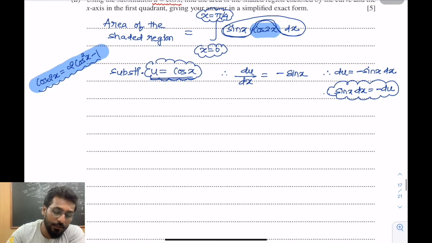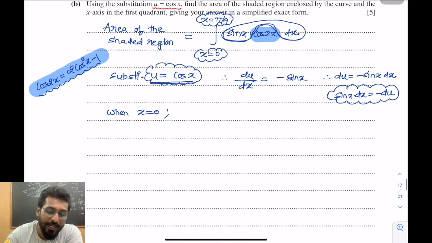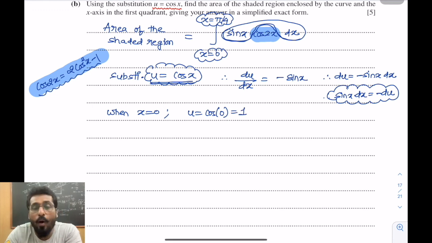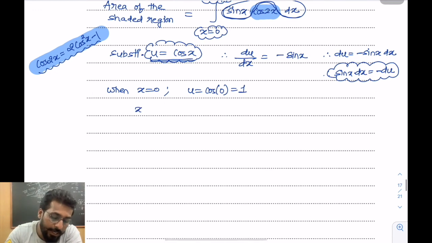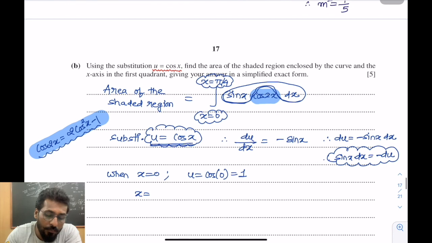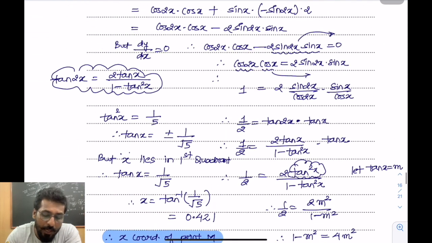Okay, let's change the limits. So when x is 0, what do I get? When x is 0, I have u as cos of x, so cos of 0, which is going to be 1, right? And then when x is, what's the upper limit? It's going to be pi by 4, right?